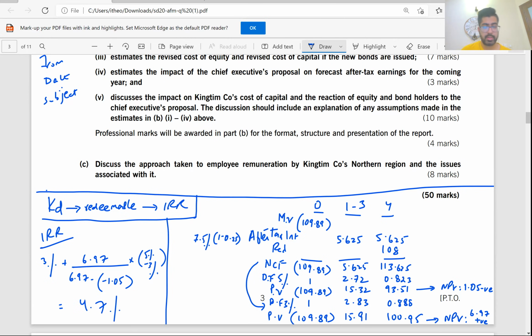That gives 4.7%, that's the yield to maturity IRR. To get the market value of bond and this yield to maturity KD, you get 7 marks for this. Okay, please copy this.